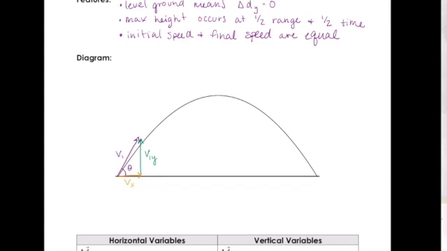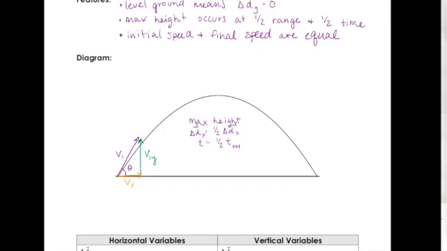The maximum height here is the halfway point, so half of the total displacement of x, and also t equals half of the total time.